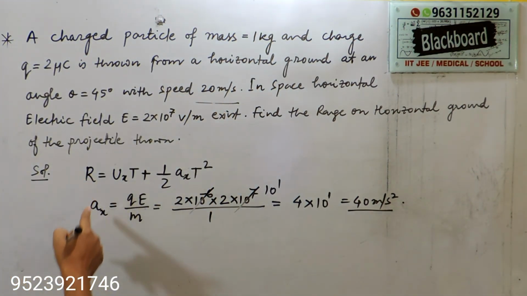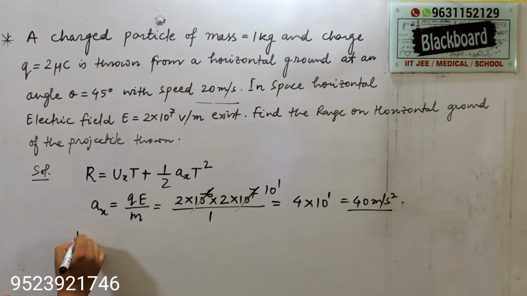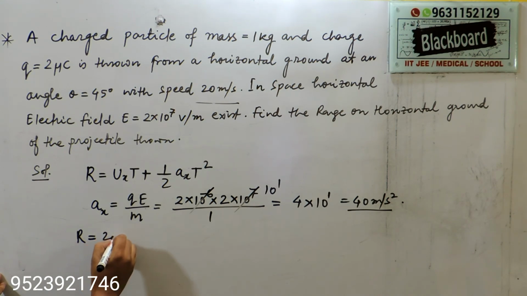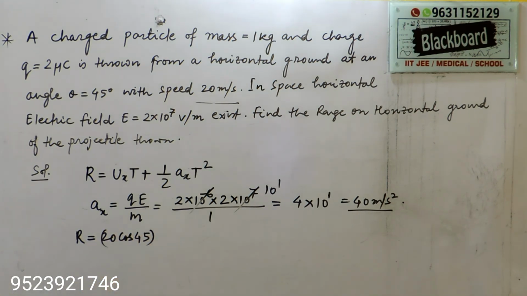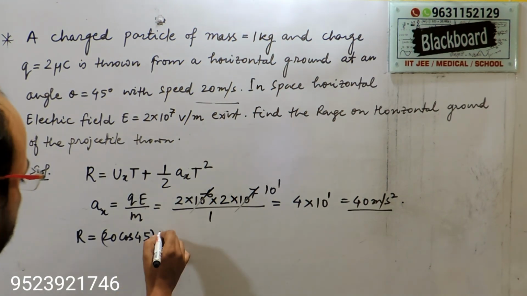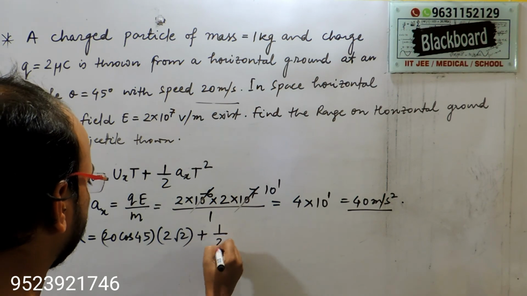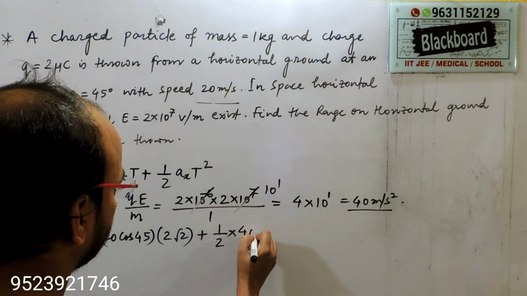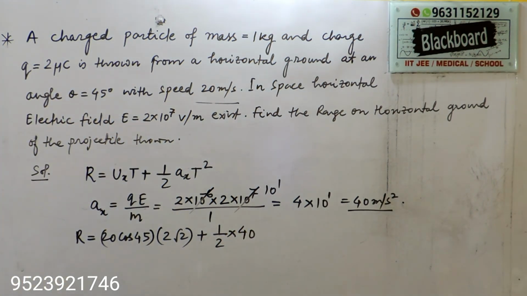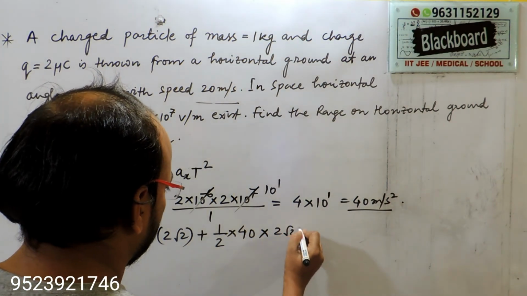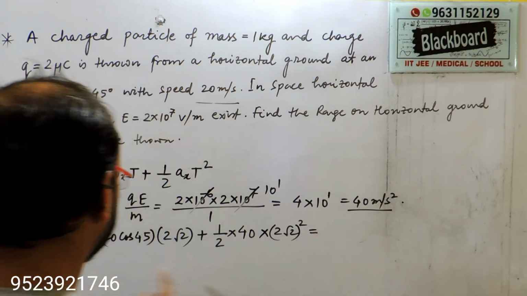Now put this value here. r equals ux, which is u cos theta, that means 20 cos 45, times time 2 root 2, plus half ax, ax is 40, and time is again 2 root 2 whole square.